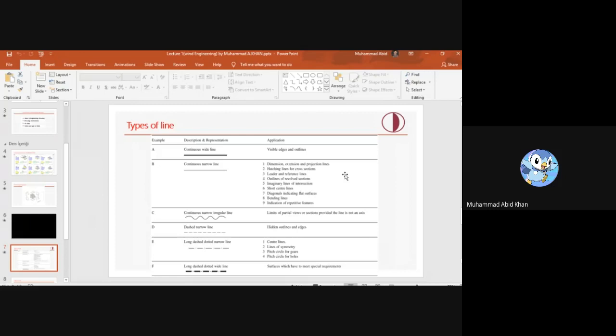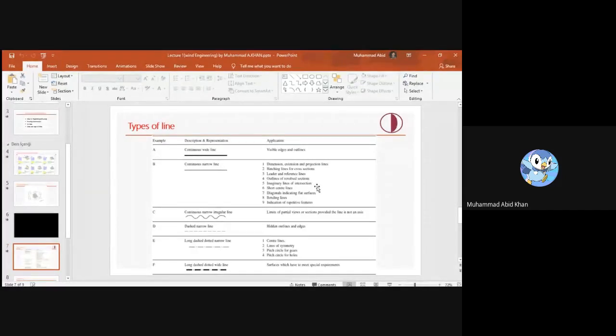Outline of revolved section. Imaginary line. Short center line. Diagonal indicating flank surface, bending line indication. These are the applications for the continuous narrow lines.